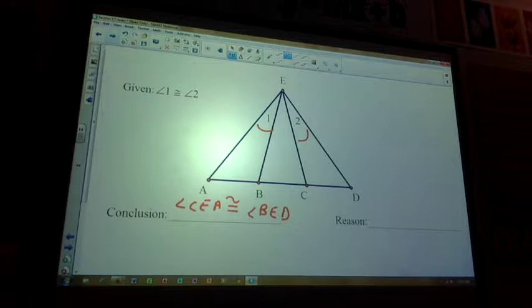What's the big conclusion? How big is angle BEC? We don't know, but we know that it's the exact same size angle that I'm going to add to each of the angles that are already congruent. So angle BEC is not going to change if I add it to angle 1.